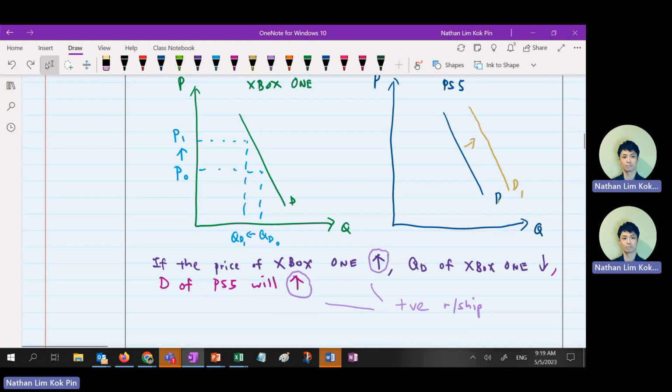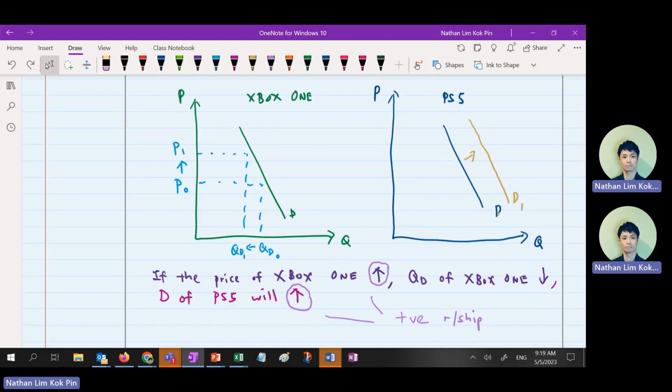Okay, please continue. Let me check. Two arrows. Two arrows.